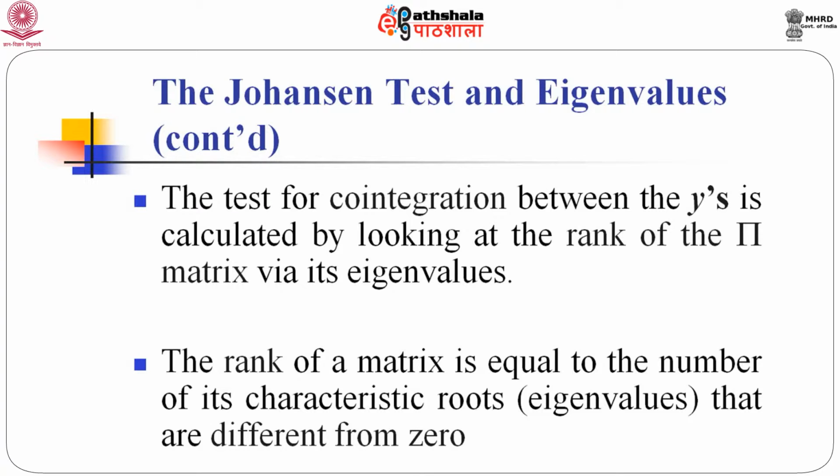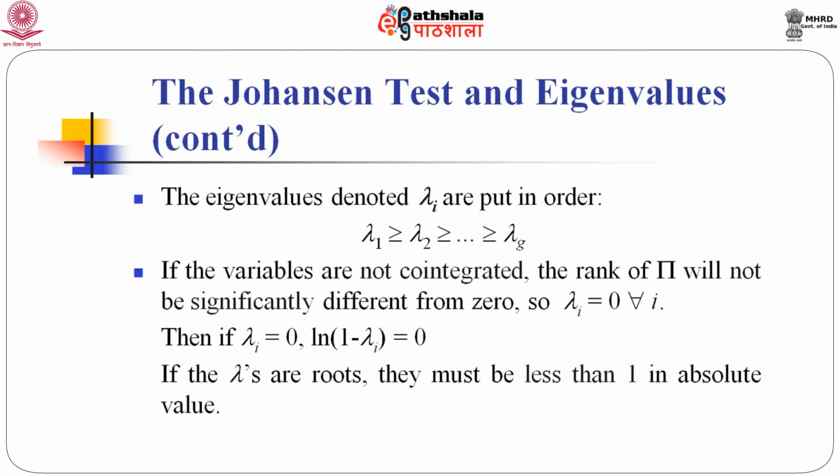The test for a cointegrating relationship between the y's is calculated by looking at the rank of the pi matrix via its eigenvalues. The rank of a matrix is equal to the number of its characteristic roots (eigenvalues) that are different from 0. Let the eigenvalues be denoted lambda i, ordered lambda 1 greater than or equal to lambda 2 up to lambda g. If the variables are not cointegrated, the rank of pi will not be significantly different from 0, so all the eigenvalues are 0.